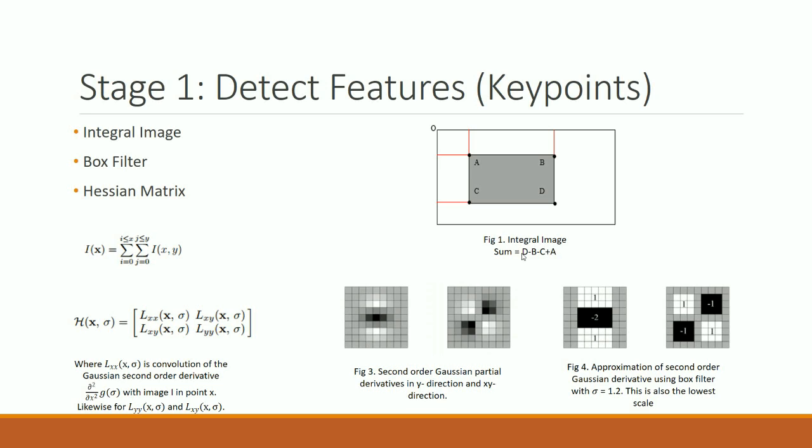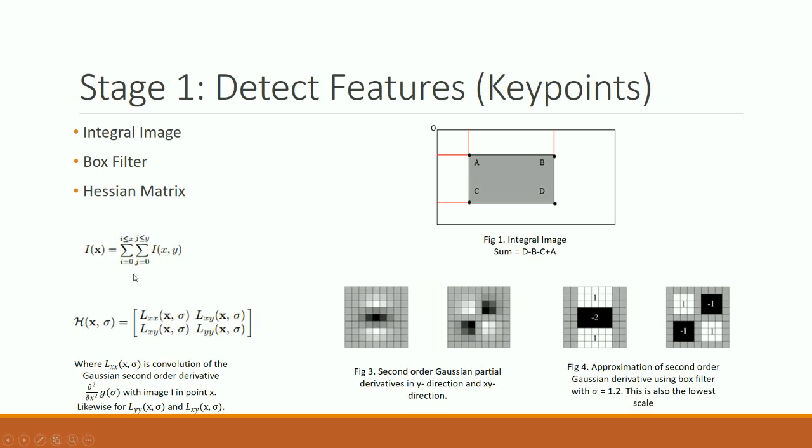As we said, SURF uses box filters to approximate the Laplacian of Gaussian. Here you have an example of second order Gaussian partial derivatives in the y direction and in the xy direction, and you can see the approximation of those Gaussian partial derivatives using the box filter.